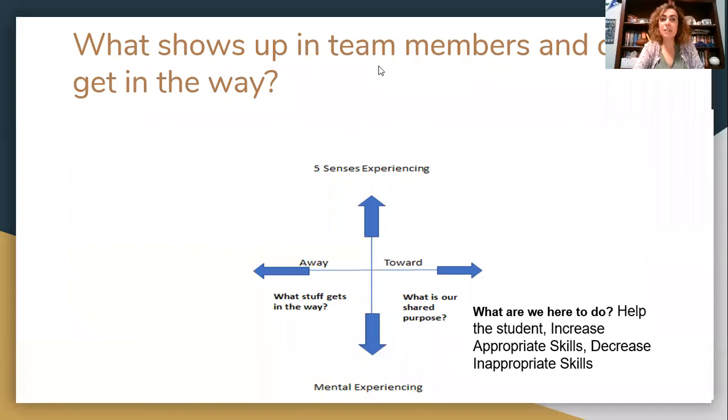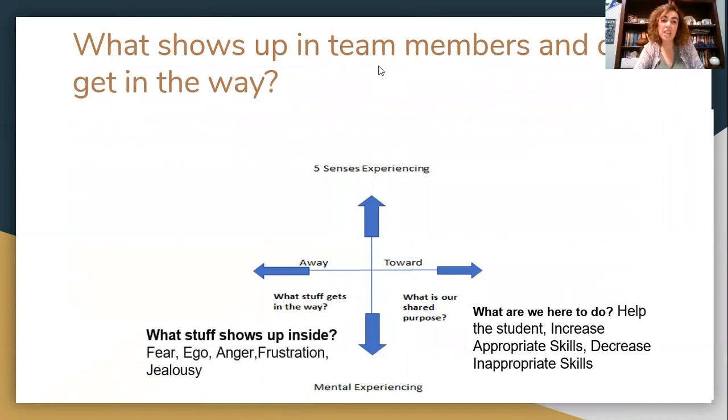So let's now look at the lower left of the quadrant: what are some of the things that might get in the way of that? What are some things that we might be experiencing? And we can think of, there go those feelings and those thoughts, right? Your ego, jealousy. Sometimes therapists can become jealous of other therapists because of the way a student responds to one therapist versus another.